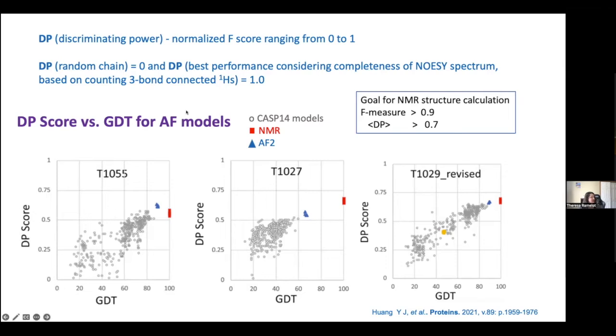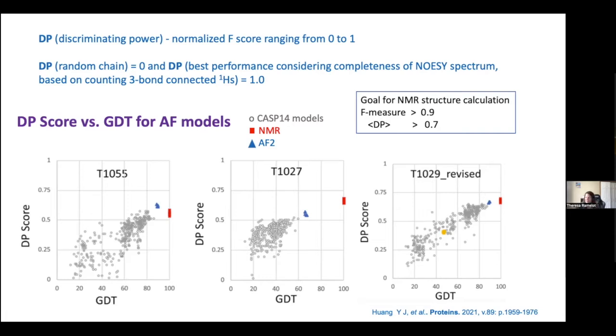And then if you had perfect completeness of the noisy data, your best performance, and considering the completeness of the noisy spectrum, because sometimes noisy data is never perfect, you would look at what you would expect for your short 3-bond connected protons, and you would normalize for the quality of the noisy data, and a perfect score would be 1.